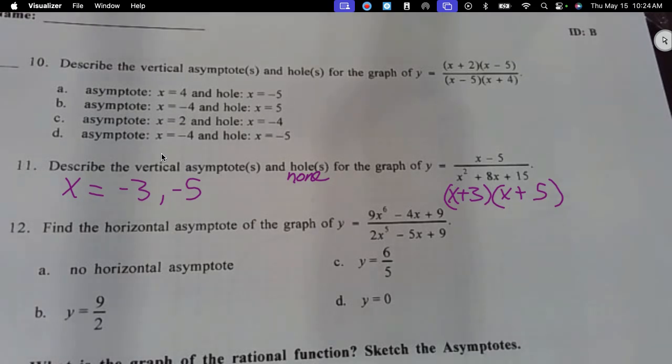But that's where these numbers come from. But the answer to an asymptote is saying, what are the two numbers that x can't be? What number would I add to that to get it to 0? -3. There it is. What number would I add to that to get it to 0? -5. It's just the opposite every time. Okay?